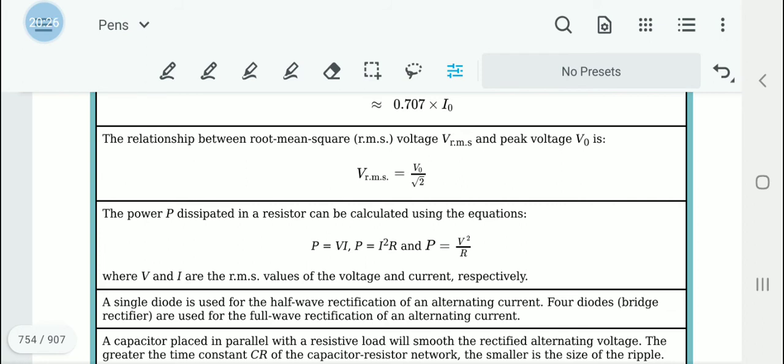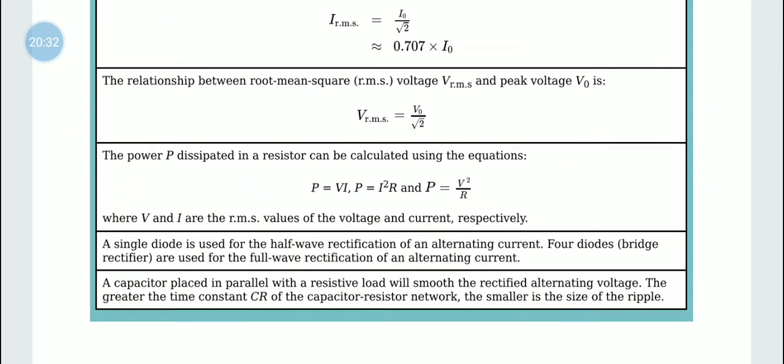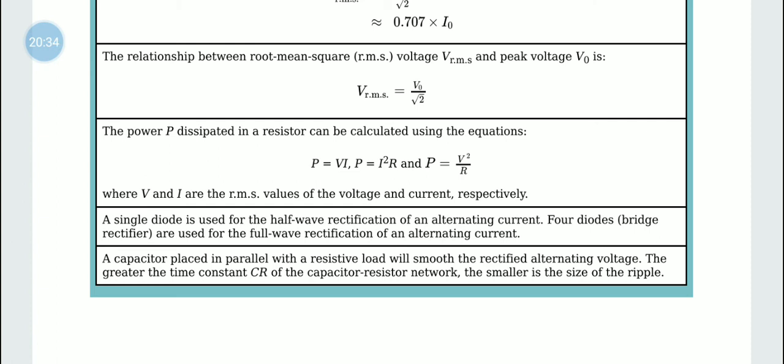If we use a single diode, that is a process known as half wave rectification of alternating current. If you use four diodes, it would be a bridge rectifier, and you have full wave rectification of an alternating current, which does not reduce the power.